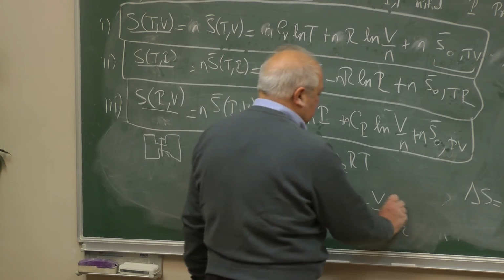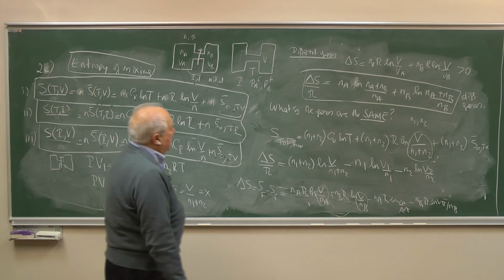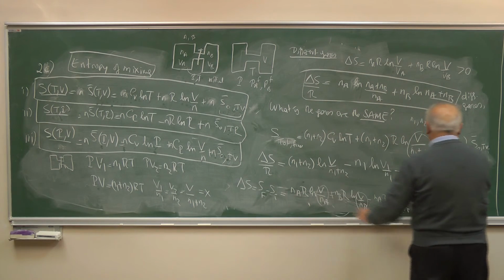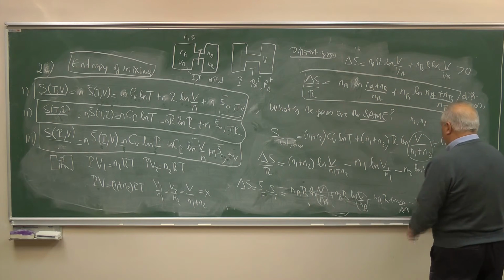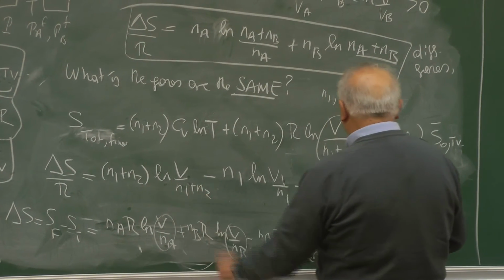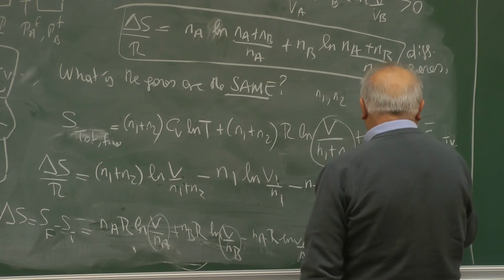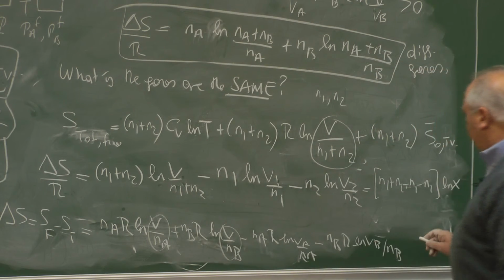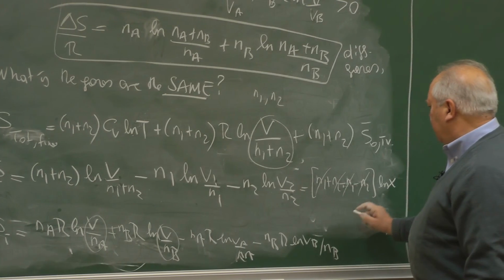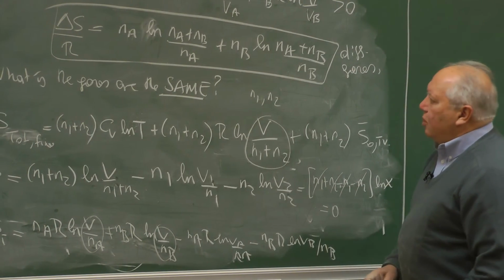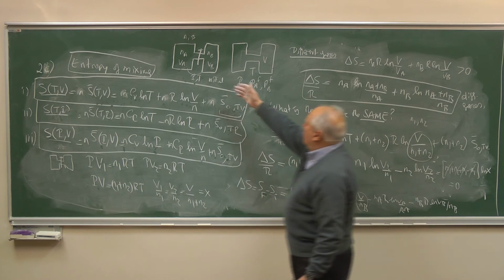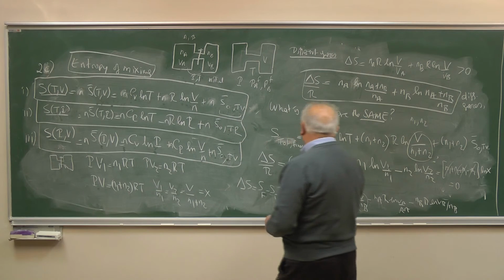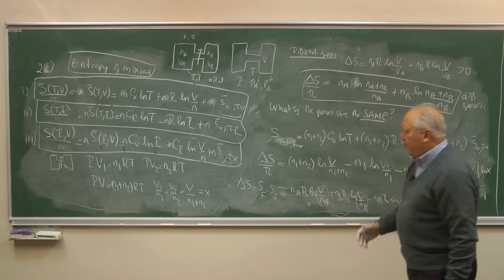Let's call it X. So this is N1 plus N2 minus N1 minus N2 times log X, and the result is 0. So if you take out the valve for the same gas, entropy does not increase.